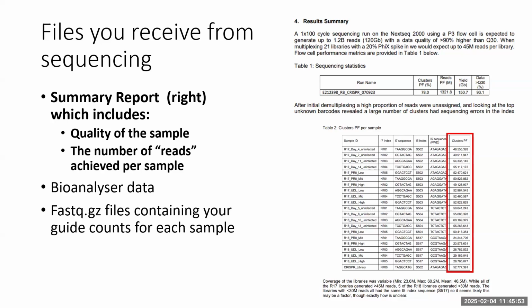I think it's a P2 cell, they call it, or something like that. But overall, it was 400 million reads, and we calculated what you want to do is based on how many samples you've put in there. Say you've got 5 samples or 10 samples, you're going to want more reads to make sure you get full coverage. What you can see here is the number of reads we've got back from each sample.